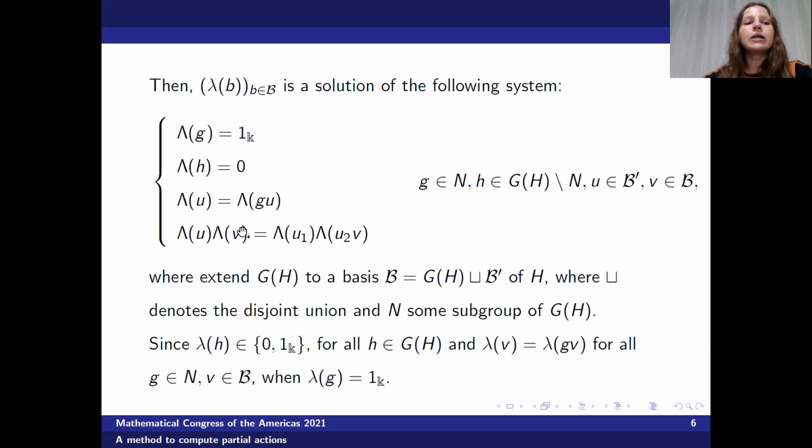Then we reduce to finding the solution of the last equation for the elements in the basis that are not group-like elements. So we can separate this system into parts.